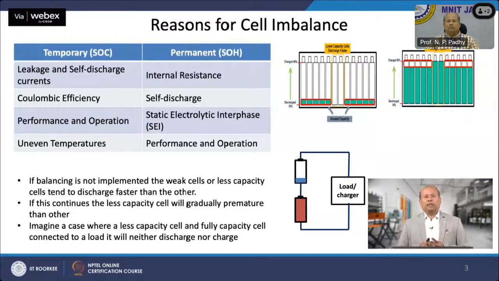The permanent causes of cell imbalance include internal resistance change, self discharge rate, damage to the solid electrolyte interface, and capacity differences. If this continues, the weak capacity cell will gradually deteriorate prematurely compared to others.